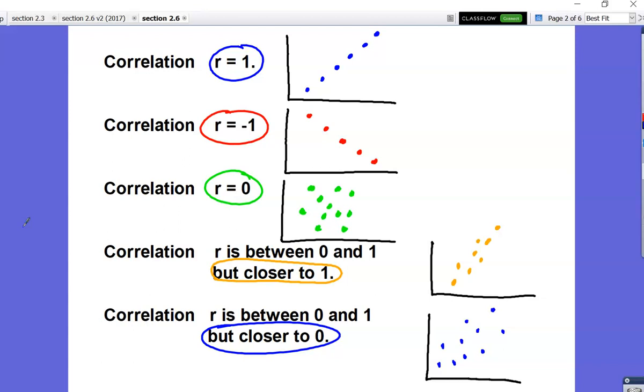The closer the points are together, like in this example here, the closer that number should be to 1. And the more spread out the data is, as in this example here, it's still trending in the positive direction, but because it's not as close to linear as the previous example, this would be closer to 0.